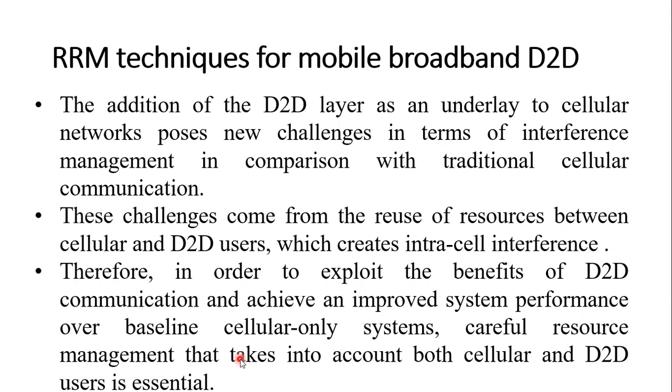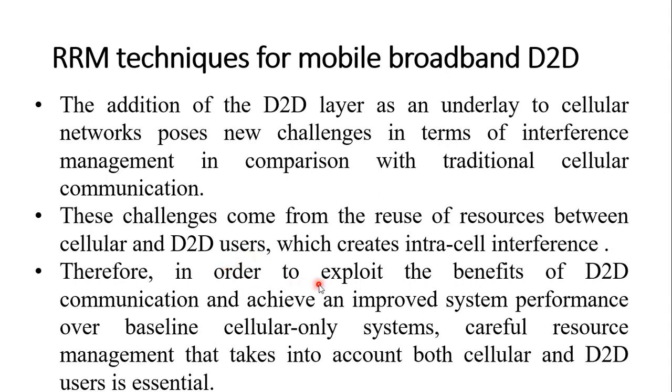Okay, so what it says here is, in addition to the D2D layer as an underlay to the cellular network, which poses a new challenge in terms of interference management, which we have already gone through. What are the interferences which occur when D2D is integrated with 5G, and also the challenges come from the reuse of resources between cellular and D2D users, reuse of the radio frequency resource between the cellular and the D2D users.